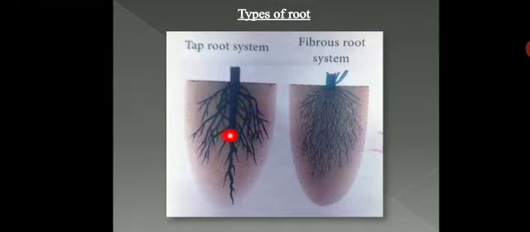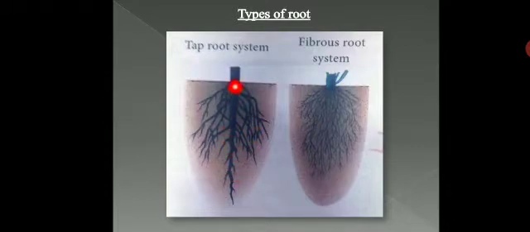The lateral roots grow in a branch-like manner. The secondary root, that is a lateral root, can have several branches, and these several branches form the tertiary roots. The last one is called the tertiary root.